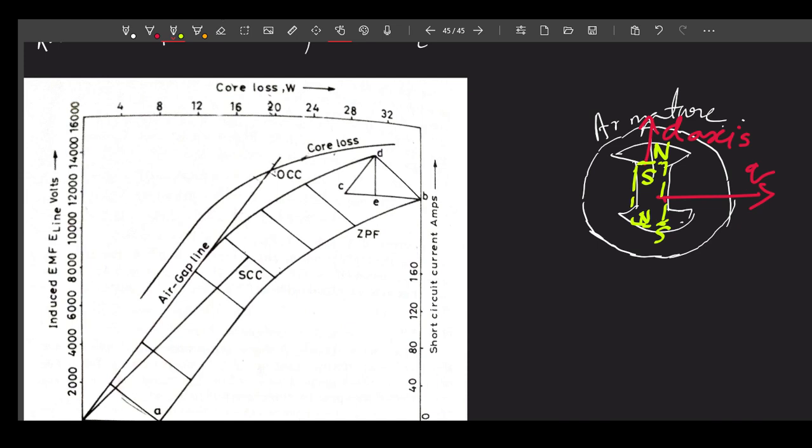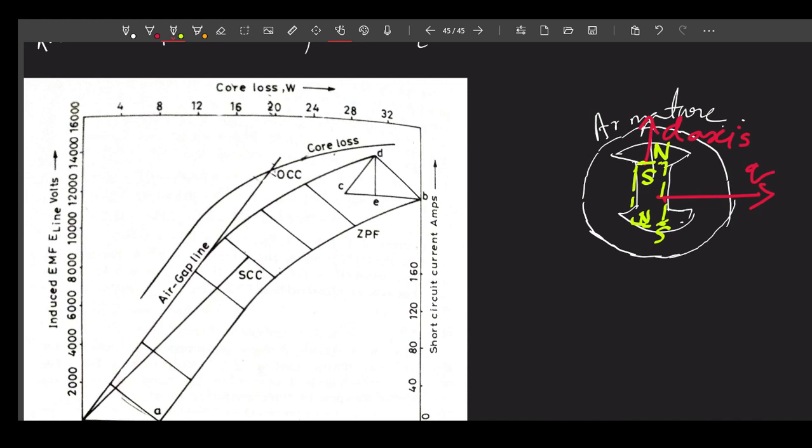It is free from XQ, means it is not able to produce any kind of XQ. It is totally XD. So we can utilize a curve which was valid for a cylindrical rotor, and a kind of similar curve we can get for our salient pole machine, and that is not a very surprising thing.